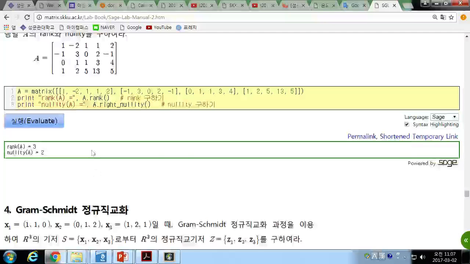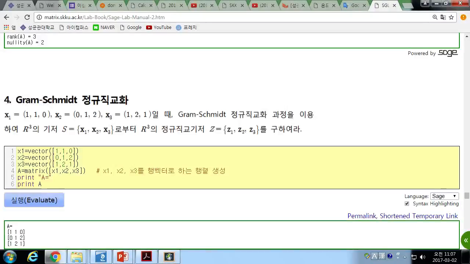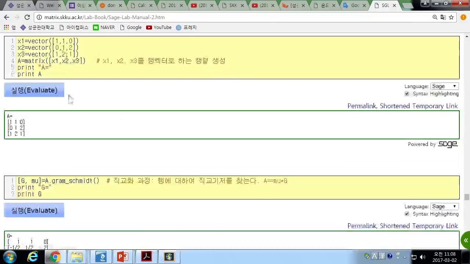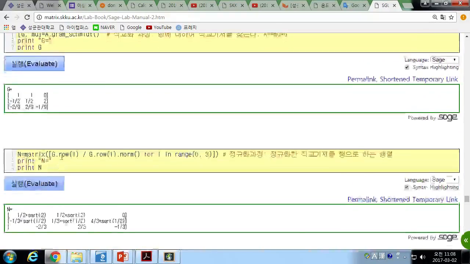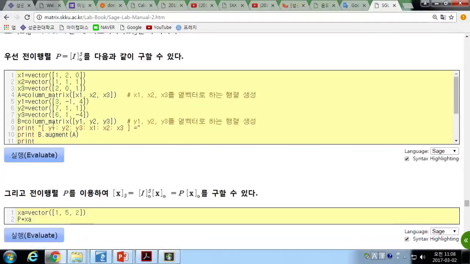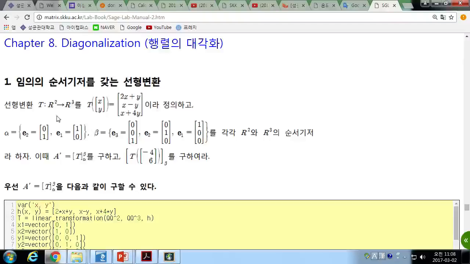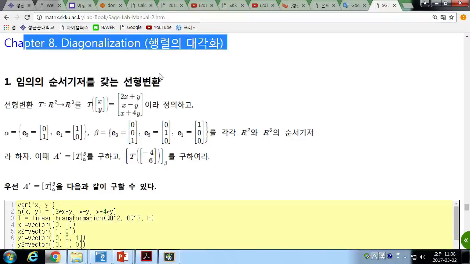Actually, this is a goal of this course. At the end, you should be able to find the matrix diagonalization of a given matrix when it is possible. The Gram-Schmidt orthonormalization process is a concept you need for this. In chapter 8, you will learn matrix diagonalization, which is the main concept that you're supposed to know to pass this course.